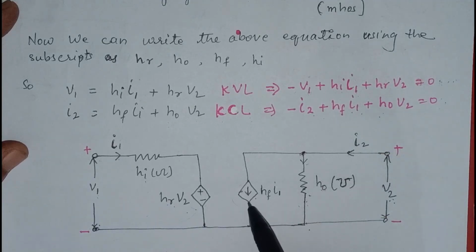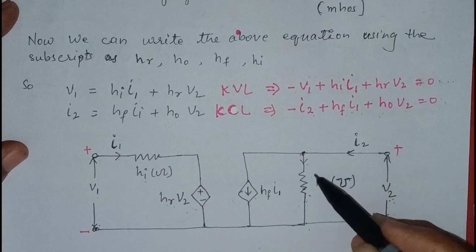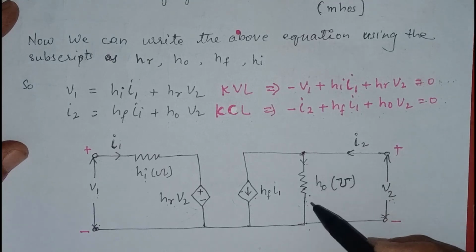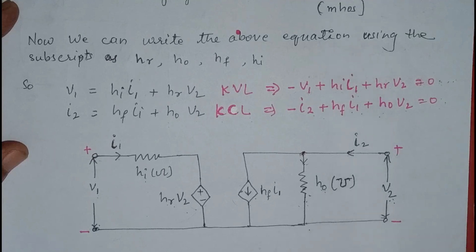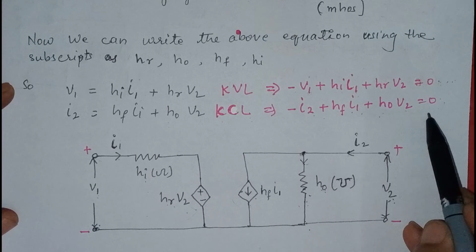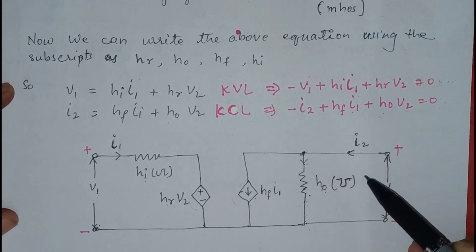This is a current source, and this one is also positive because it is leaving this node. So HO, this is also represented by a resistor symbol, and across this admittance there is a voltage V2. So the current is HO into V2. So according to this equation, this is the circuit.